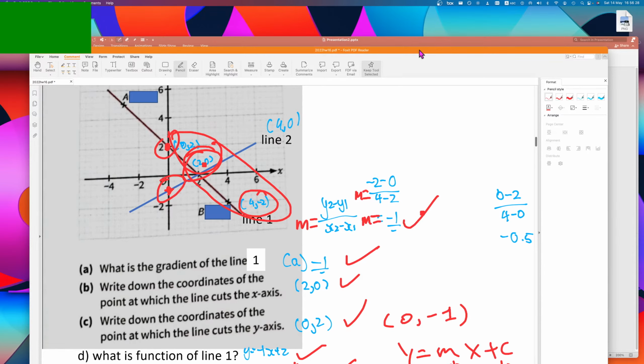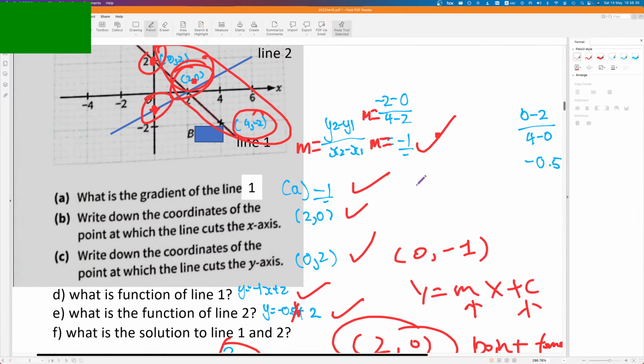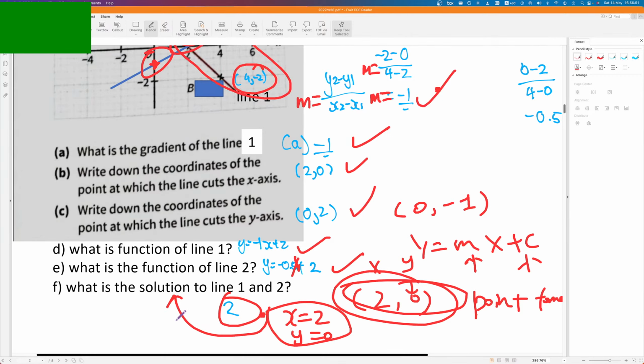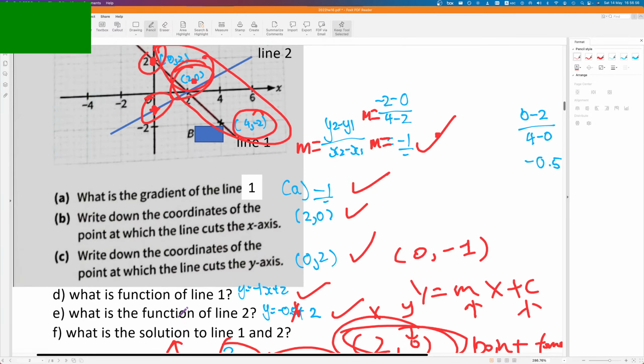This is point format. So how do you keep it in solution format? x equals to, and then y equals to 0. Okay? So you should write like this for this answer. Does it make sense? Okay, good.